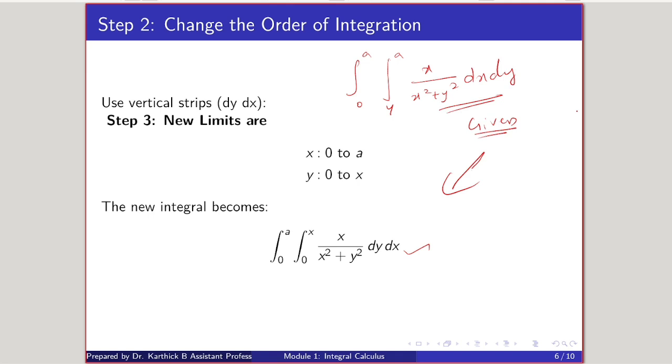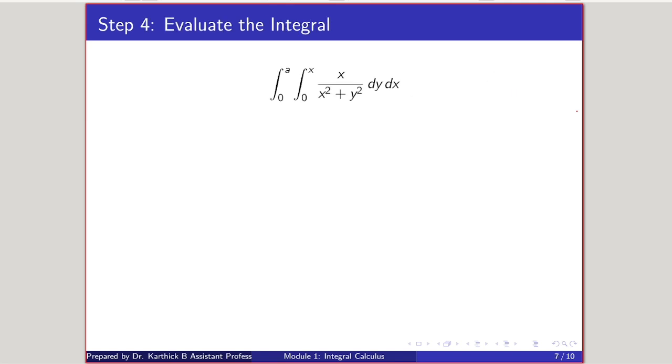The integrand is the same. Now we have changed the order accordingly, and the limits are also changed. The y limit is from 0 to x and the x limit is from 0 to a. Then we want to do the usual procedure. We want to evaluate the double integral. So let's start.